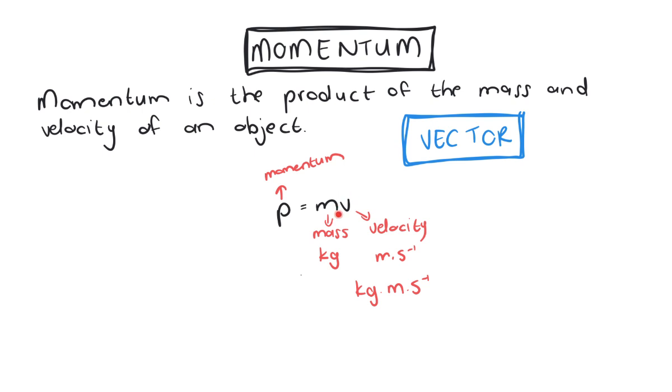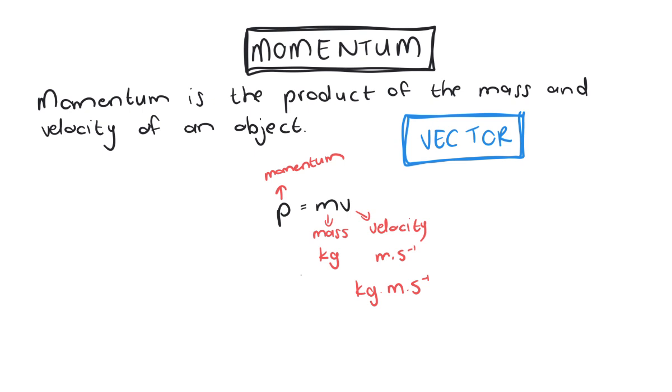So whatever happens to the velocity, because as the object moves, its mass isn't going to change, whatever happens to the velocity will happen to the momentum as well. So if the velocity changes direction and becomes negative, the momentum will also. So the shape of a velocity time graph will look exactly the same as the momentum time graph.